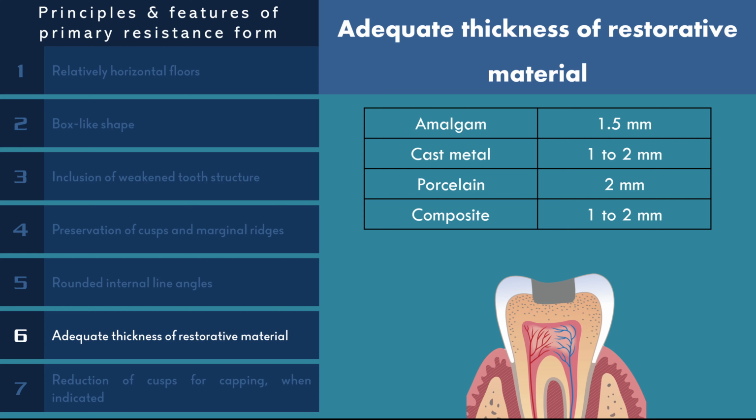For dental amalgam, 1.5 to 2 mm of thickness should be provided. For a cast metal restoration, 1 to 2 mm, and for porcelain or ceramic restoration, 2 mm of minimum thickness should be provided. For a composite restoration, 1 to 2 mm of the restorative material will be adequate to provide a strong restoration.